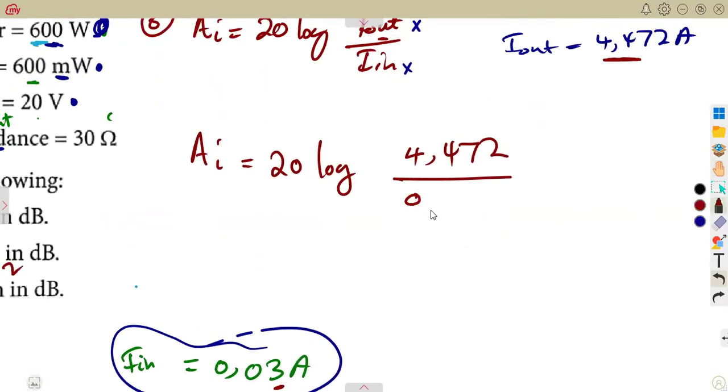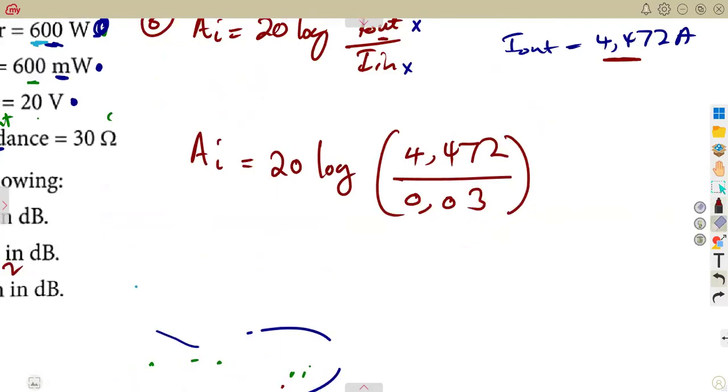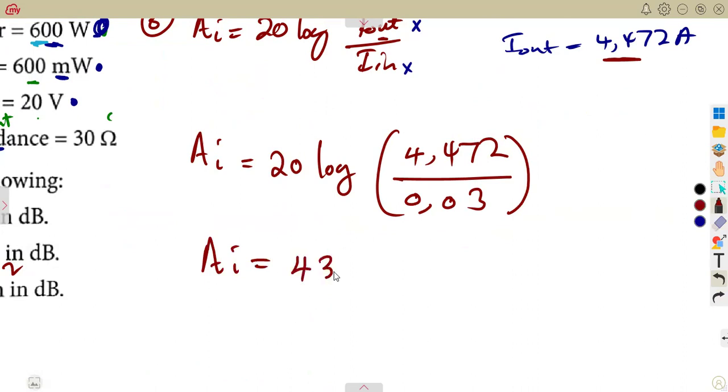So with this, you are going to obtain your gain. You calculated all these values. All right, so our current gain in decibels in that case gives us 43.468 decibels.